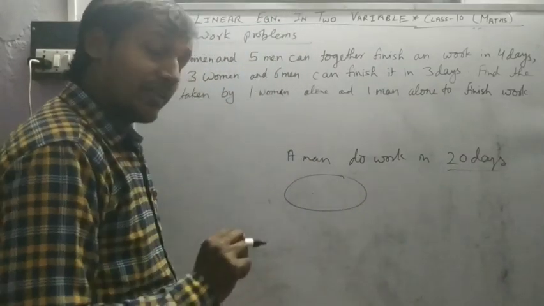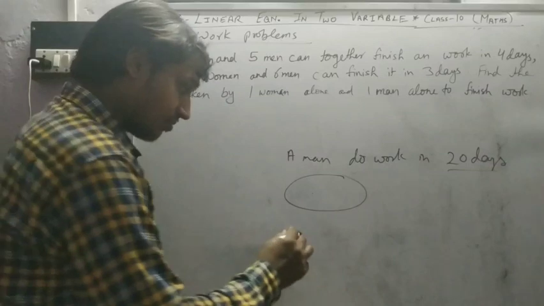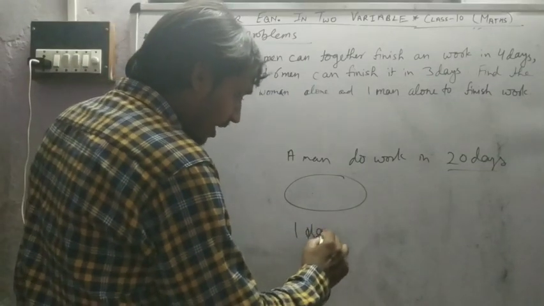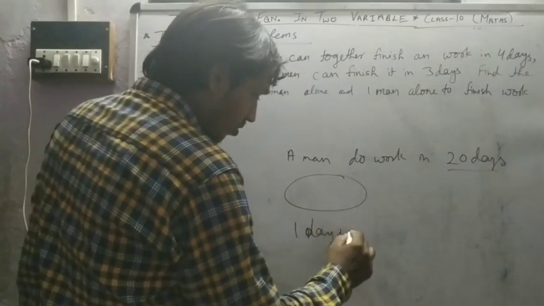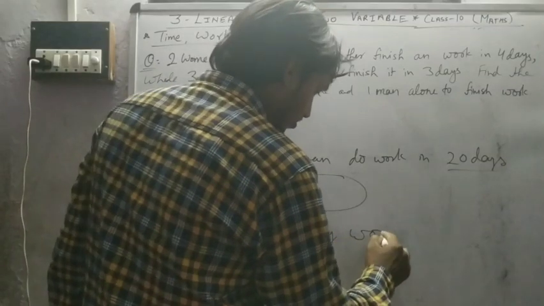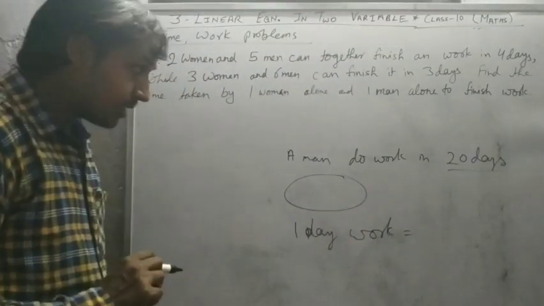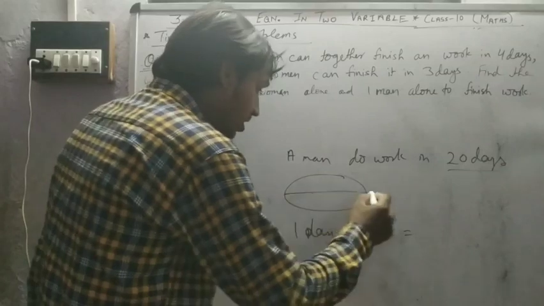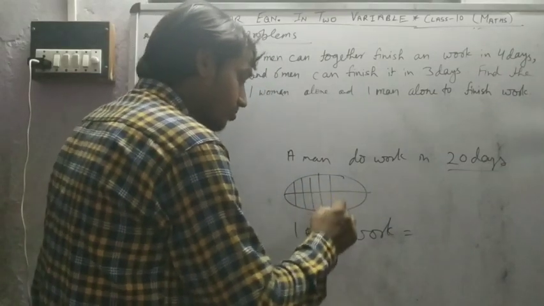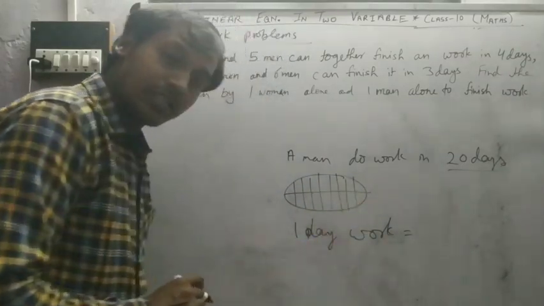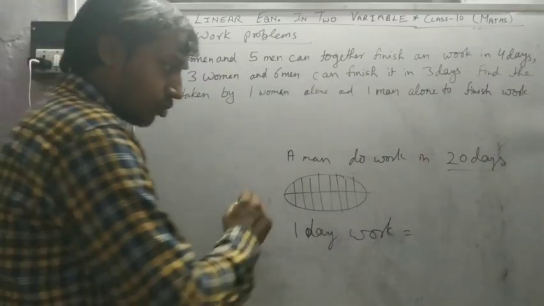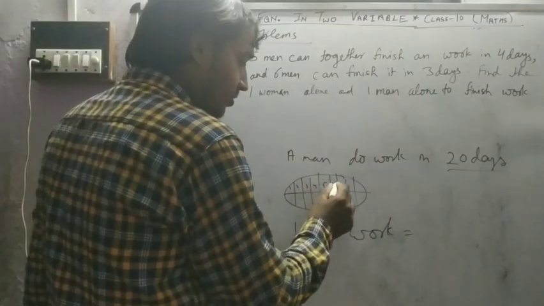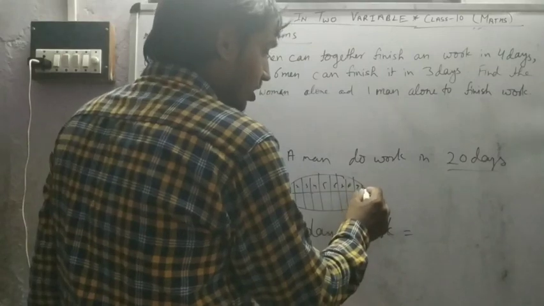So how much work is done in 1 day? This whole work is divided into 20 parts, 1, 2, 3, 4, 5, 6, 7, 8, 9, 10.